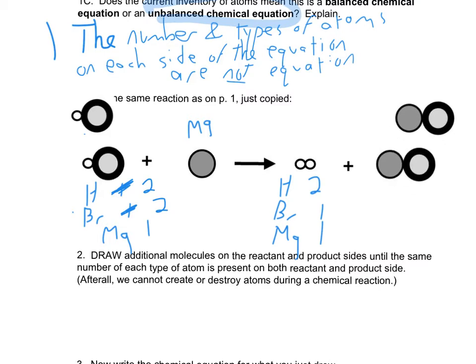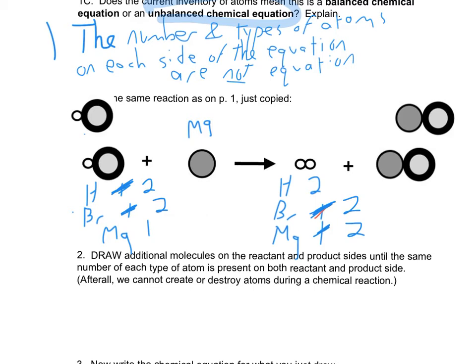So now I do indeed have 2 of the bromine atoms, those thickly outlined circles, so I can update my count. All right, but I've also now got 2 magnesium, and so I'm going to update the count there. So my hydrogen, bromine, magnesium count is 221 on the left side of the equation and 222 on the right.